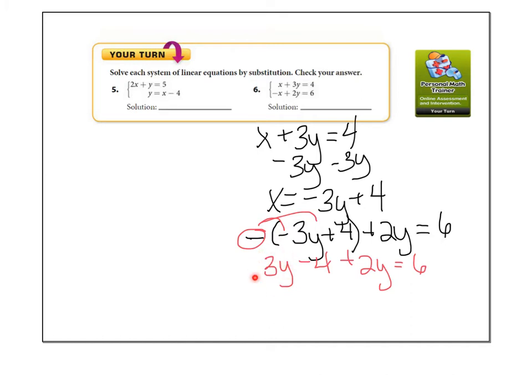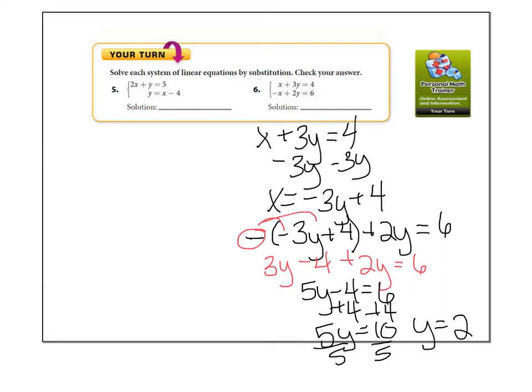I have a 3y that's now positive, plus 2y, makes that a 5y. Add 4. So 5y is equal to 10. Divide by 5, which means y equals 2.